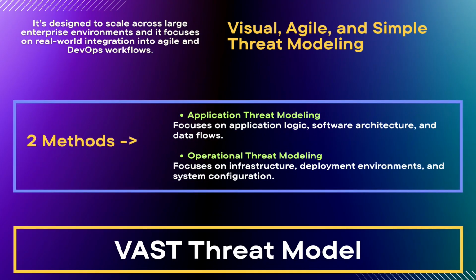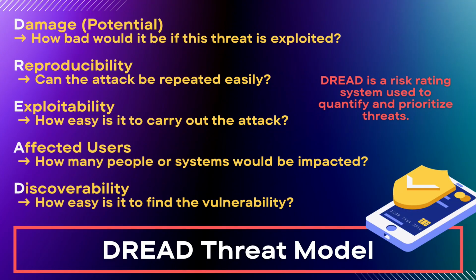Instead of making one big model for everything, VAST splits threat modeling into two parts. One is for application teams where they focus on things like how the app is built and where the vulnerabilities might pop up in the code or logic. And the other part is for operation teams, where they look at the infrastructure, the networks, cloud setups, and deployment environments.